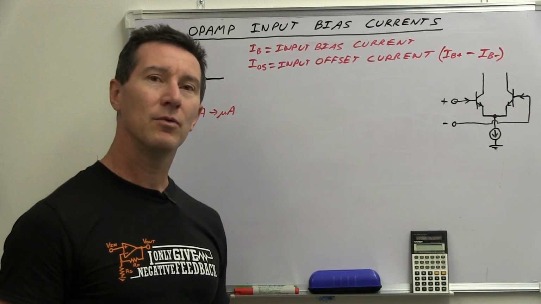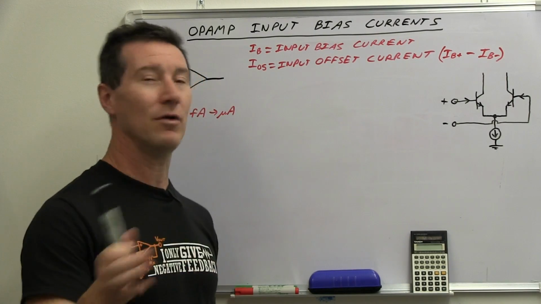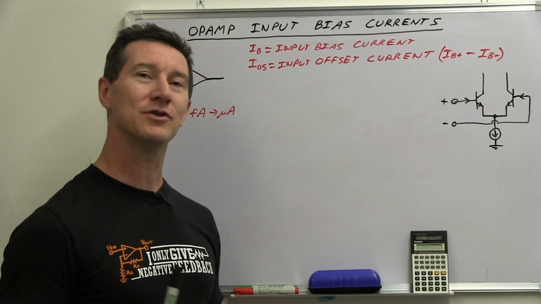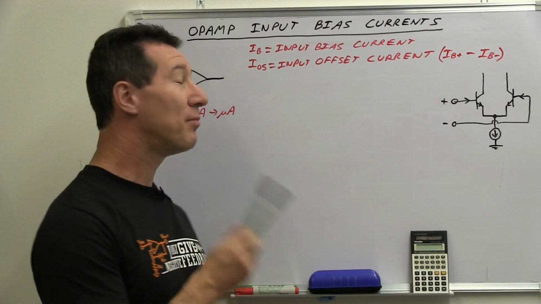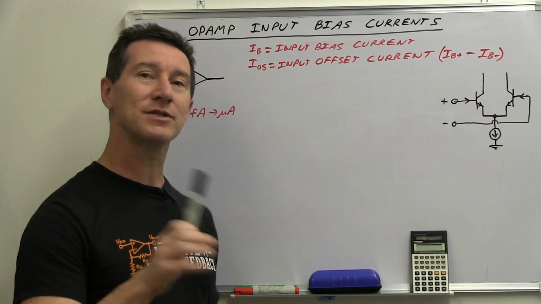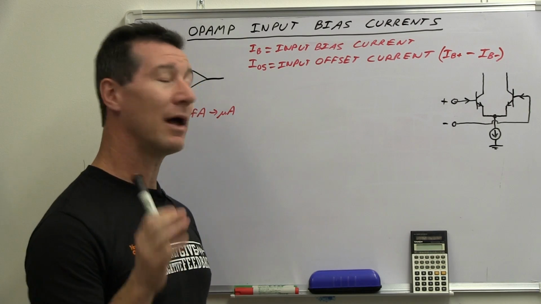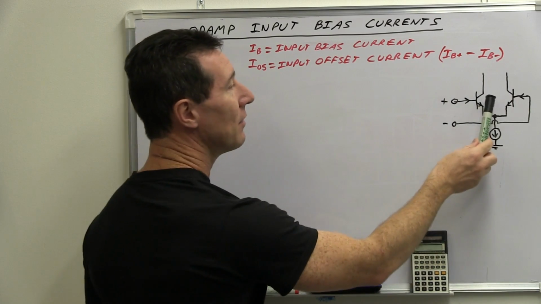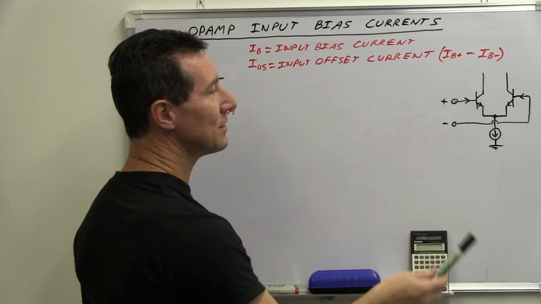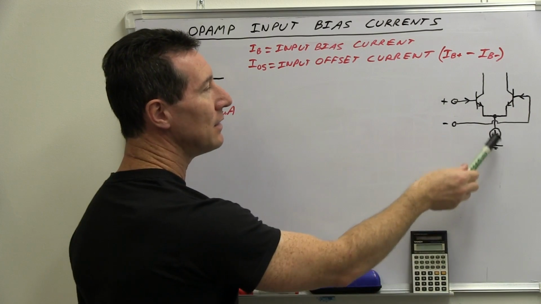So how does it work? Well, let's take a look at the basic topology of the input circuitry for a bipolar operational amplifier. So this is not a FET input, it's a bipolar input op-amp. And you'll notice that we have two input transistors here, both NPN going into a current source.